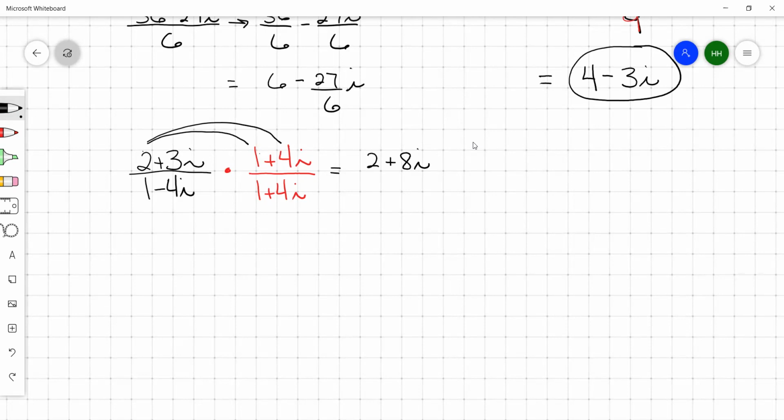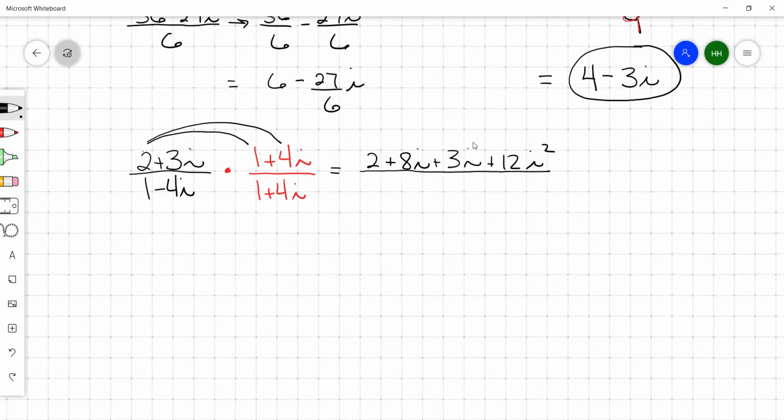And then you got to take your 3i times your 1, which is positive 3i, and your 3i times your 4i, which is positive 12i squared. That's all in your numerator, sorry.